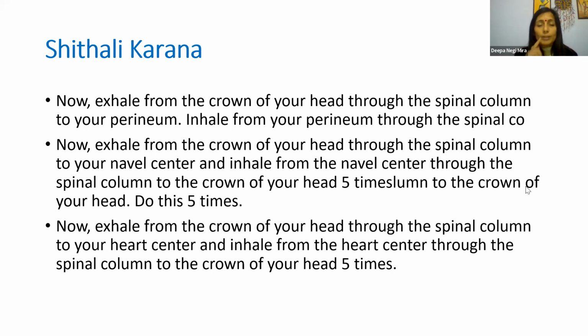So when we are saying spinal column, you should not go all the way down. You're using this pathway of your spinal column till your heart center and go back through that spinal column to your crown of your head. Okay. So we are not going all the way down. We are just using that pathway.